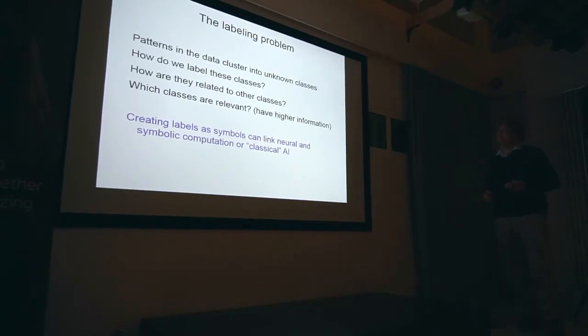And there's certain ways of doing that. So it's doable, but this is an important problem, I think, with unsupervised learning, is to figure out how do we label them, how are they related to other classes that are emerging, what's relevant, and if we can label them, then we can also possibly link to symbolic computation as well.